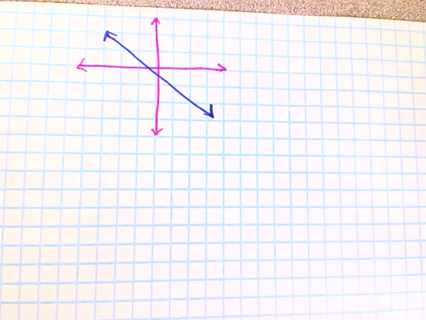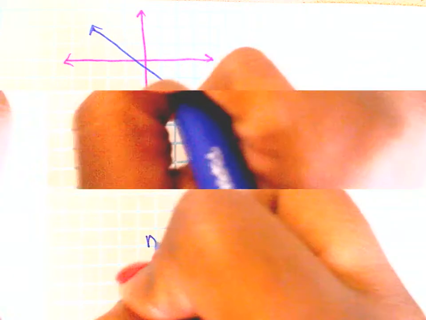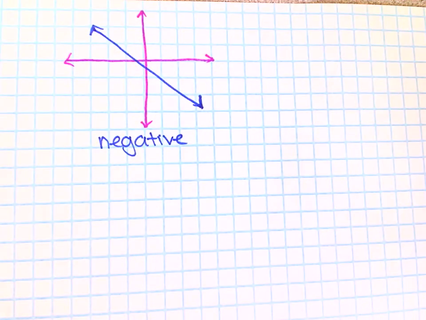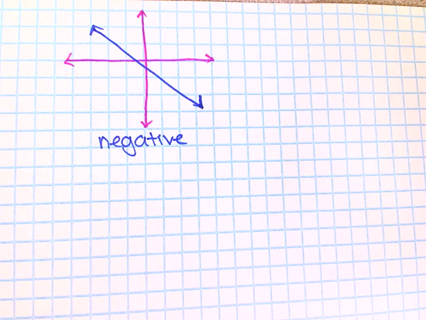That's going to be considered a negative slope. So if you look at a graph and the line is going up and to the left, when I ask you for the slope, it's going to be a negative fraction or number. If you see the graph going up and to the right, you know that your answer is going to be positive. Think about the quadrants, right?